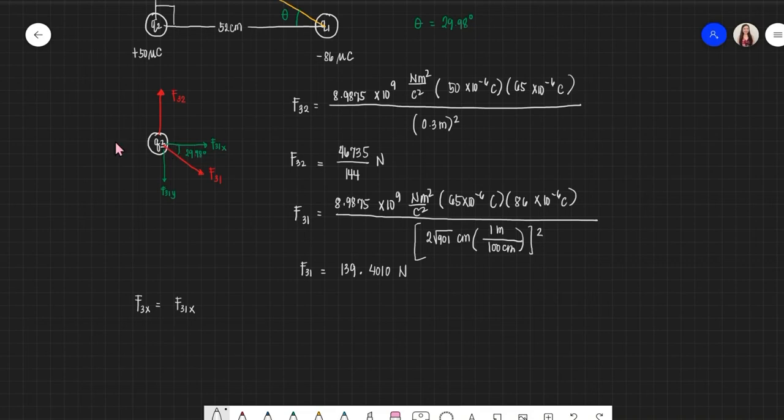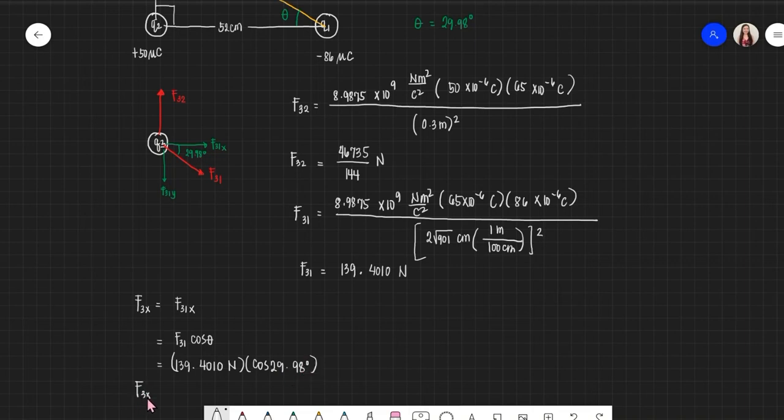Because there are no other horizontal forces. So what is F31x? F31x is F31 cosine of the angle theta, or that's 139.4010 newtons cosine of 29.98 degrees.